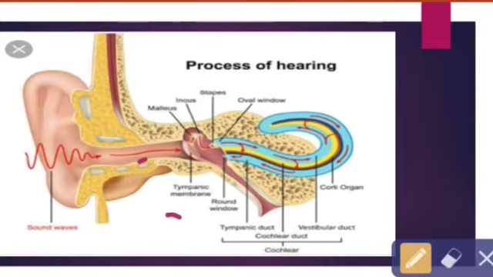The vibration is given to the three ear ossicles, and the ear ossicles amplify these sound waves and transmit them to the oval window. Via the oval window it will reach the cochlear region. As you know, the cochlear region has two types of fluid, endolymph and perilymph. The cochlear duct, vestibular duct, and organ of Corti lie in the cochlear region.